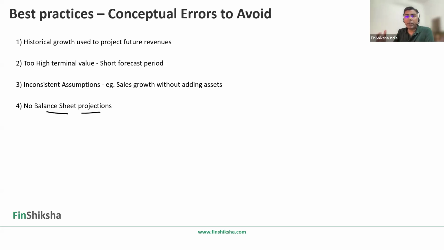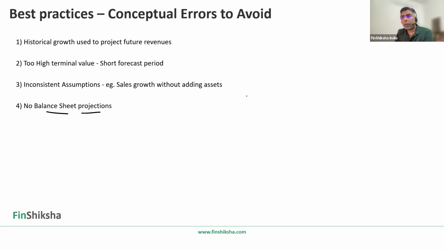So a conceptual error you're avoiding is this: if there's no balance sheet projection, then you have not really modeled it completely. There has to be a projection of all the financial statements, P&L, cash flow, and balance sheet, and they need to be talking to each other. If they're talking to each other, then you can try and find out a ratio. For example, you have assumed sales growth, but you have not assumed capex.